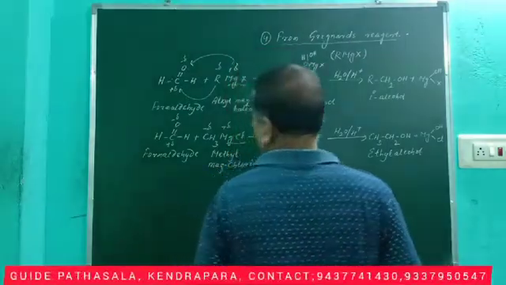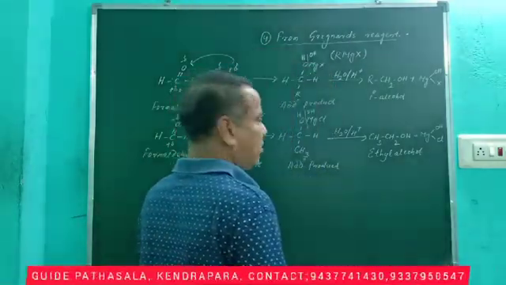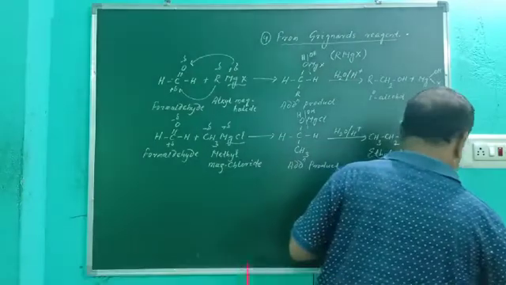Then come to what happens when acetaldehyde reacts with methyl magnesium chloride. Acetaldehyde is your CH3COH.